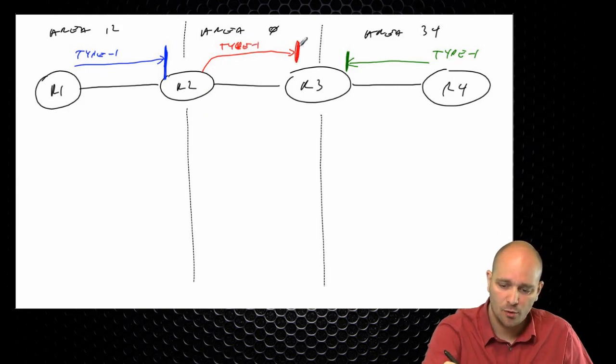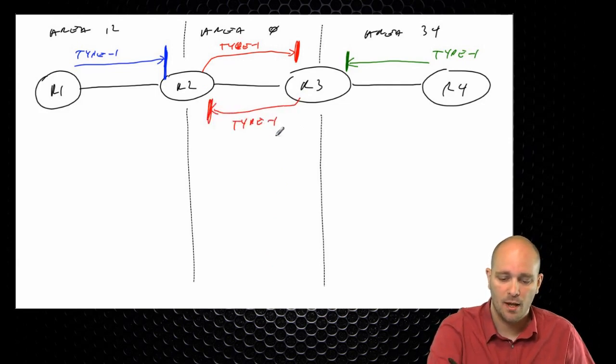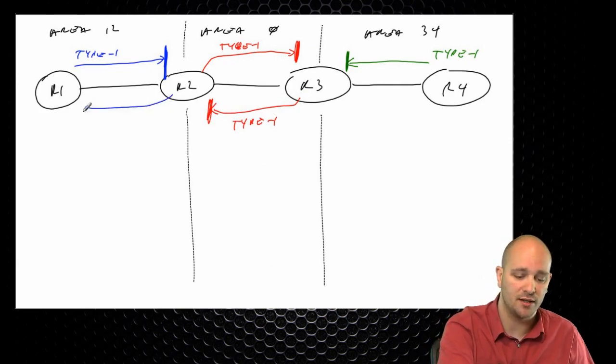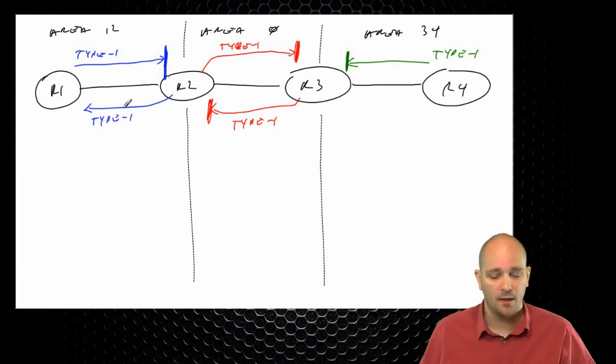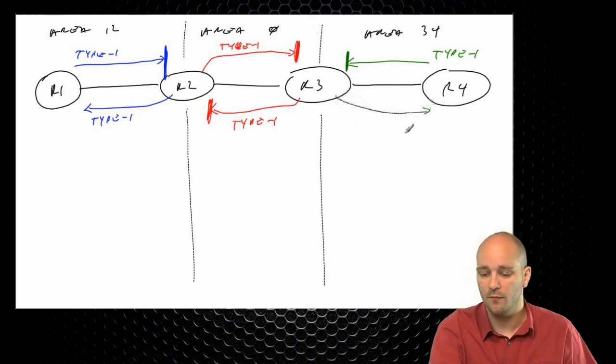So this is where this information stops. R3 is generating its own, and this is where it stops. Now, mind you, inside area 12, R2 is generating type 1 LSA, describing its own links in this area, and so does R3 in this area here.